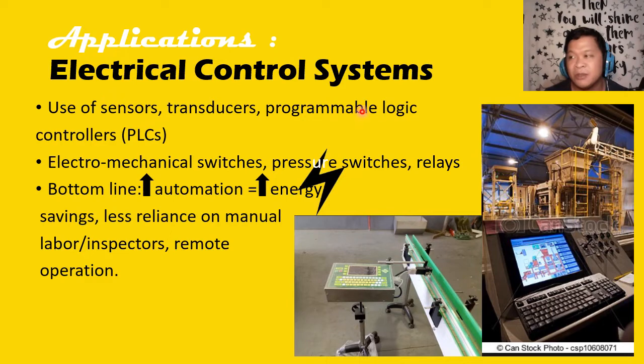So you have transducers and programmable logic controllers as well, acting as a sort of a simple artificial intelligence that could replace some of the jobs done by humans. Instead of having physical switches pressed by human hands, you can have electromechanical switches, pressure switches, and relays that could automate the process. And the higher the level of automation, the higher the energy savings there is.